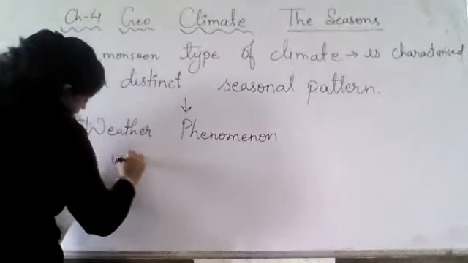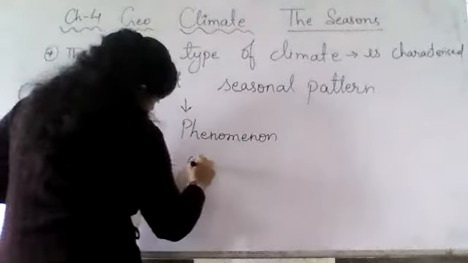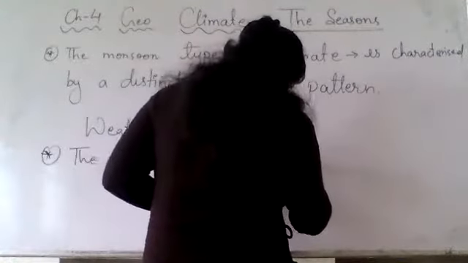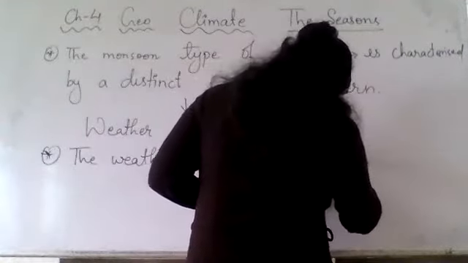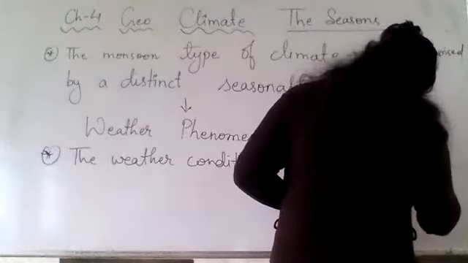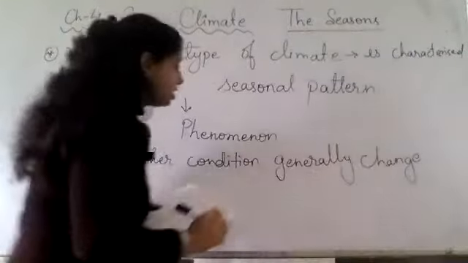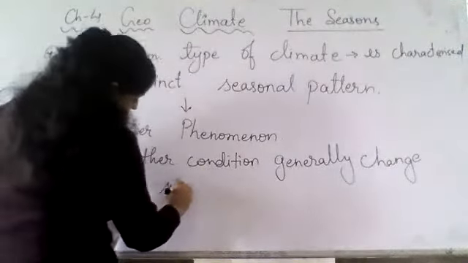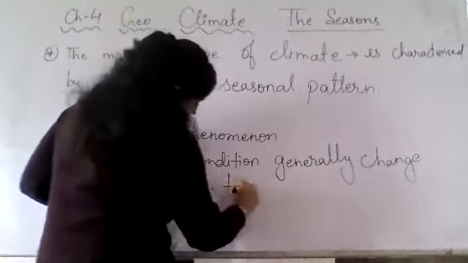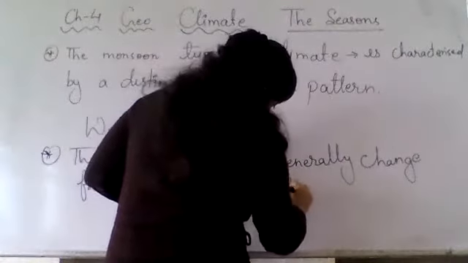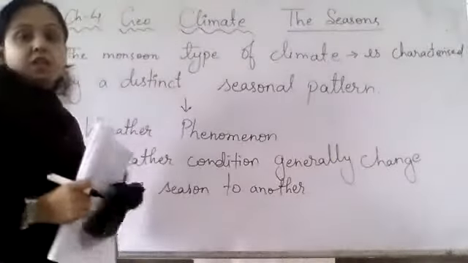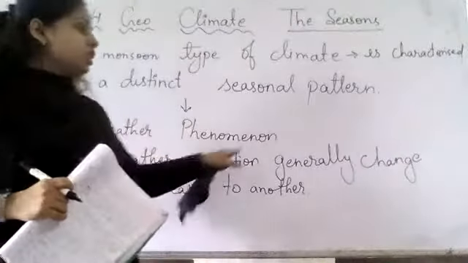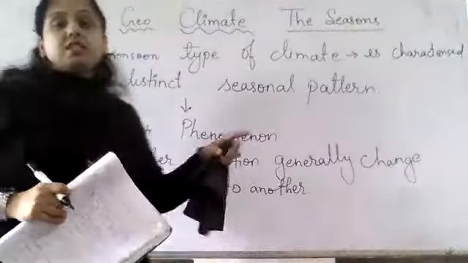Now the weather condition generally changes from one season to another. So if you see the seasons which we have divided, the weather condition generally changes from one season to another.